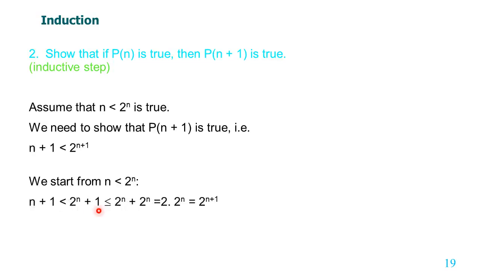Now here in place of 1 we can write 2 to the power n, since 2 to the power n is greater than or equal to 1. So we can write 2 to the power n plus 2 to the power n, which is equal to 2 times 2 to the power n, so it is 2 to the power n+1. Hence if n is less than 2 to the power n, then n+1 is less than 2 to the power n+1.